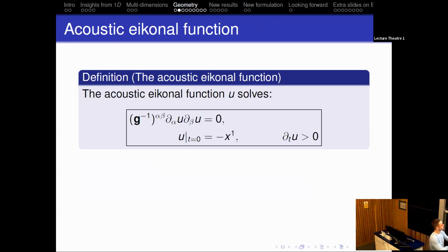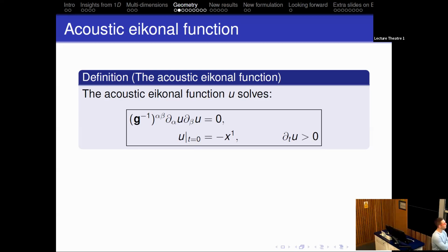Okay. So here's one example of techniques from relativity influencing fluid mechanics, the use of an eikonal function to study the flow. So this is, if you want, simply the method of characteristics in multi-dimensions.